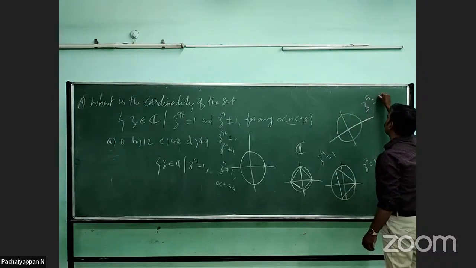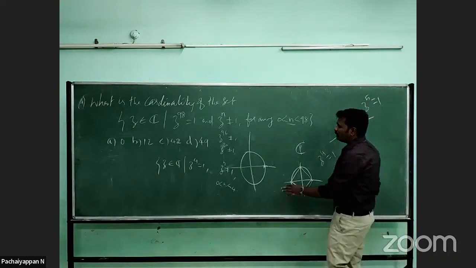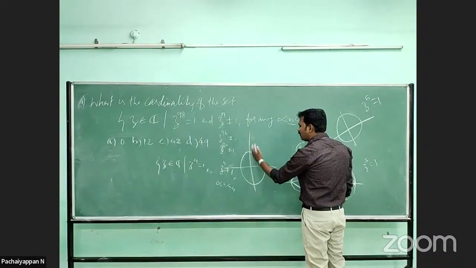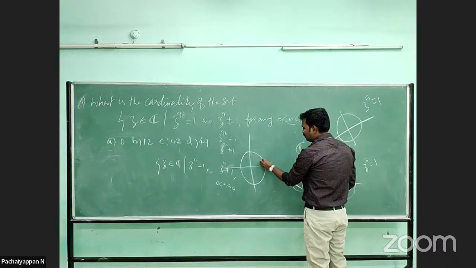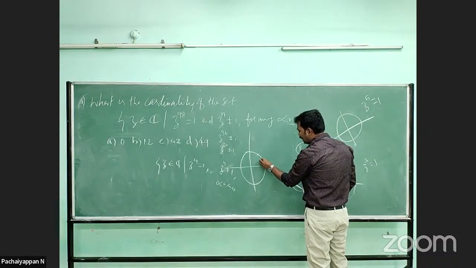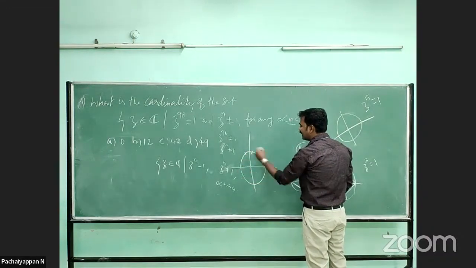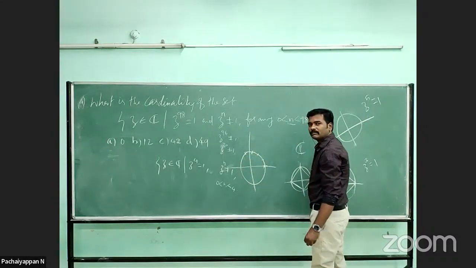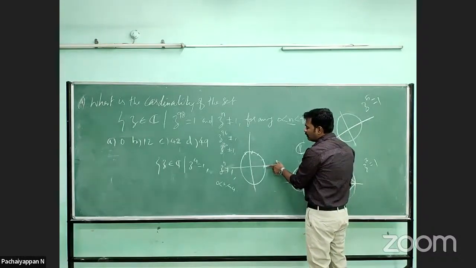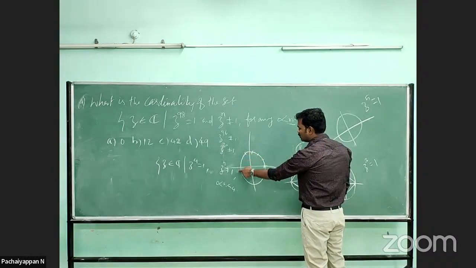Z power 5 equal to 1 means 5th roots of unity. The nth roots of unity cut the unit circle into n equal parts. Suppose the arc is of length k. This is also length k, another k, another k. How many k lengths? n of them. Each of the nth roots of unity lies there: first root here, second root here, third root here, fourth, fifth, and so on.